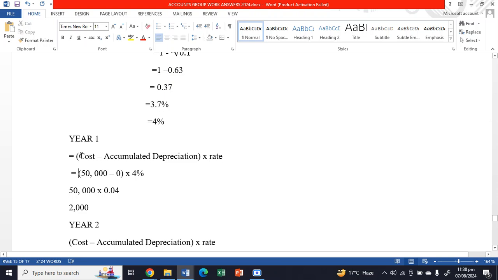All right, so this is the formula for the reducing balance method. It's cost minus accumulated depreciation, multiplied by the rate. So in year one, cost 50,000, accumulated depreciation 0. The depreciation rate is 37%.